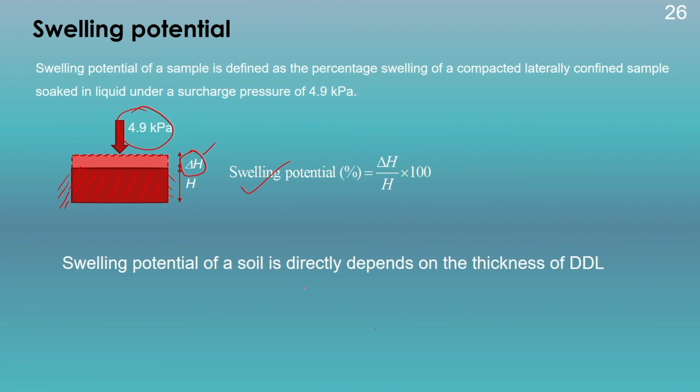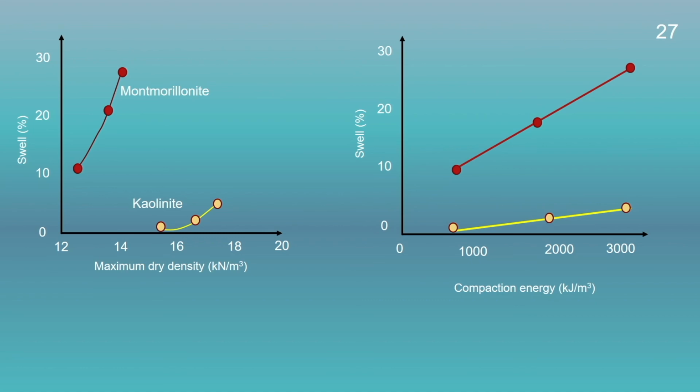The swelling potential of a soil sample directly depends on the thickness of the diffuse double layer. So, any factors which control the diffuse double layer thickness also control the swelling potential of the soil sample. If we compare the swelling potential of two different clays, say for example montmorillonite and kaolinite, we could get different behavior between these two minerals.